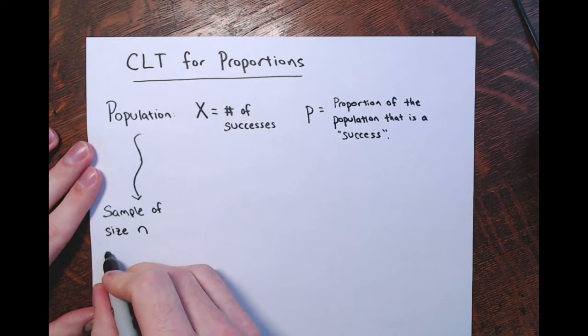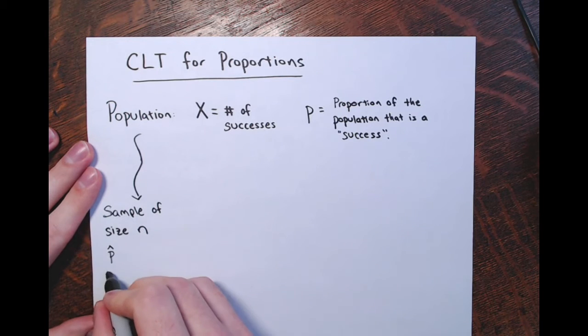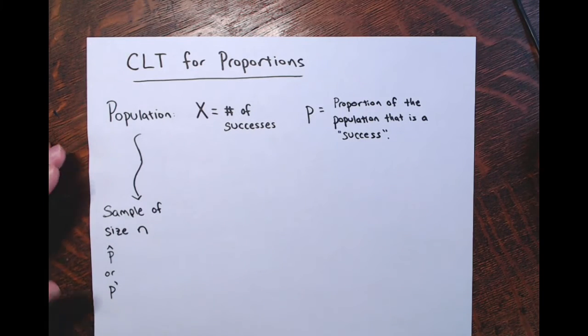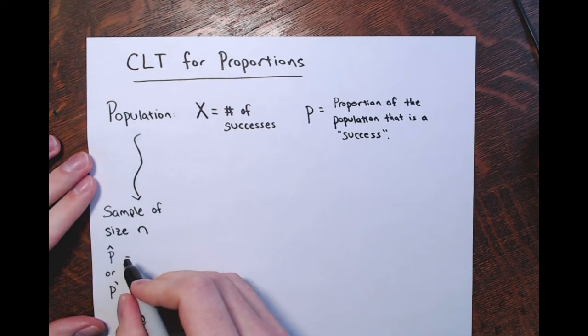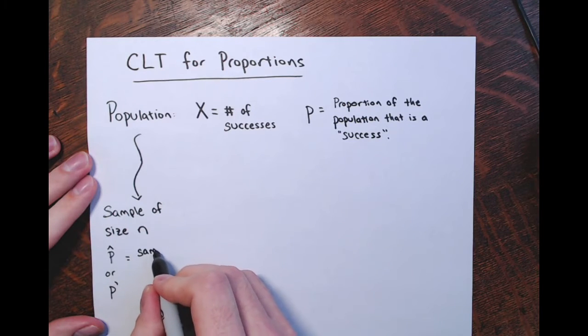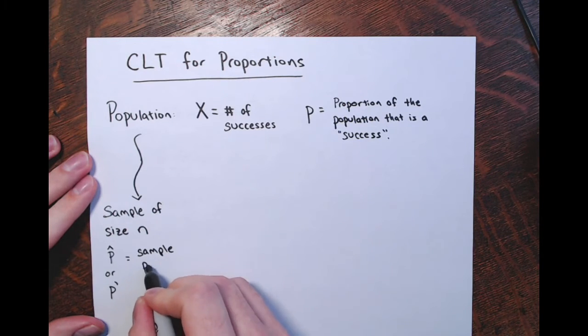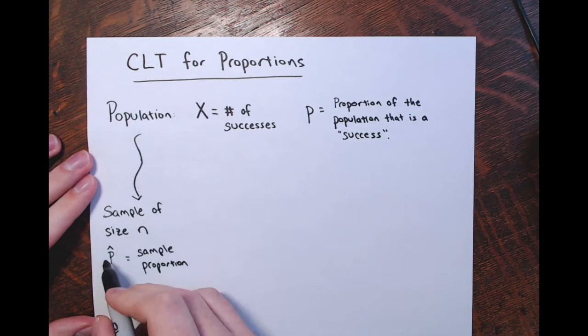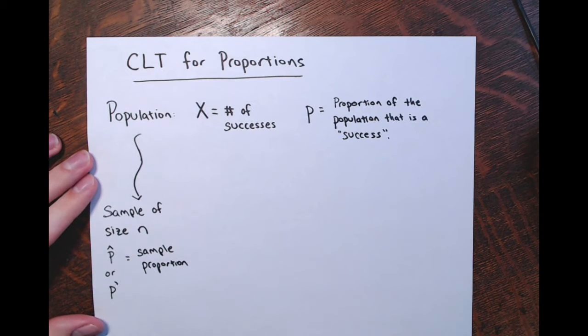And we'll see in some of these problems it's going to be p hat or p prime. You might see p prime as well. This is the proportion of the sample that is a success. So the sample proportion. So you might see p hat or p prime in this section.